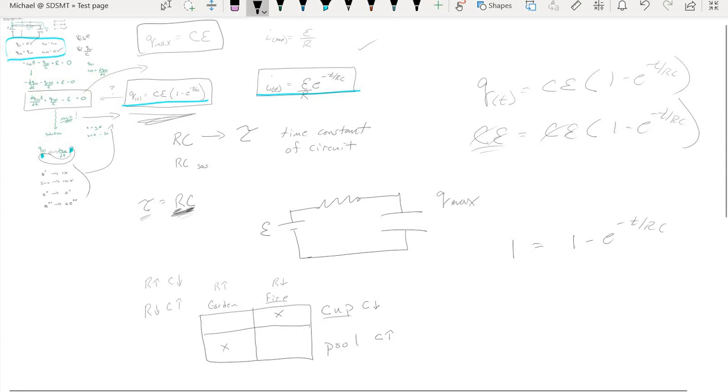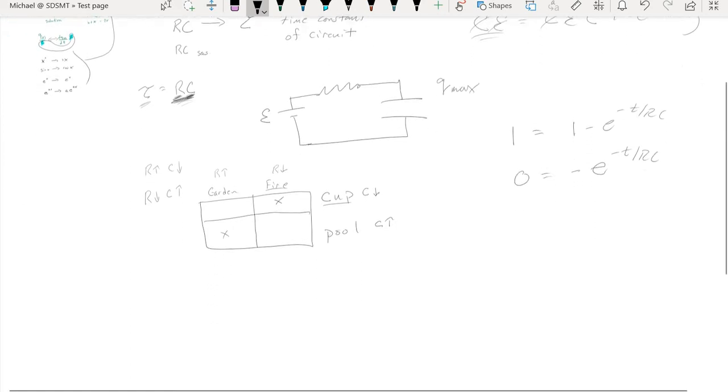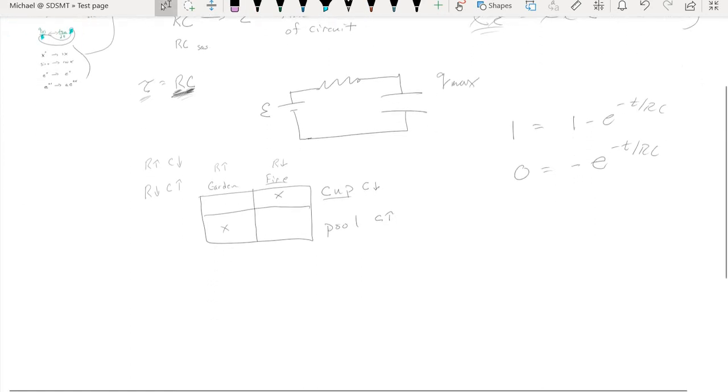I subtract 1 from each side. I get 0 equals, well, that's not good, because now I have that second term equal to 0. And if I try to solve for t, I have to bring t outside of the power's place. The only way that I can do that is by applying a natural log to each side of the expression.